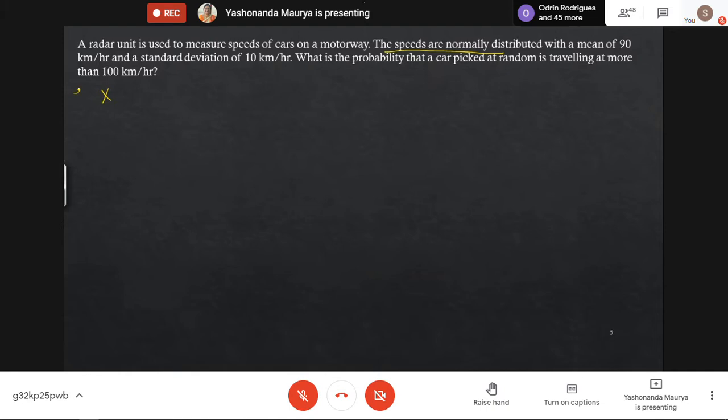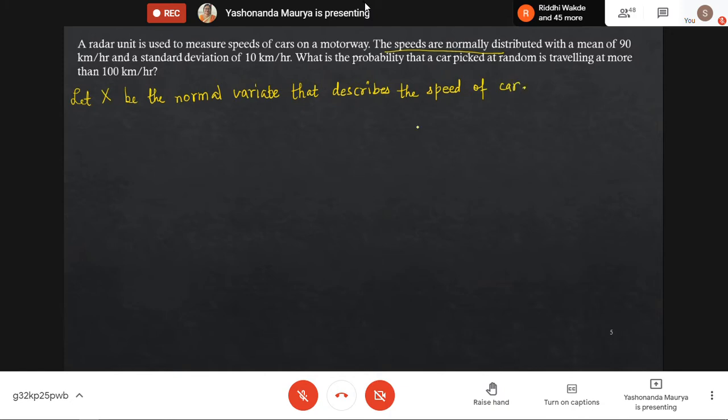We'll take that X be the normal variate that denotes the speed of a car.